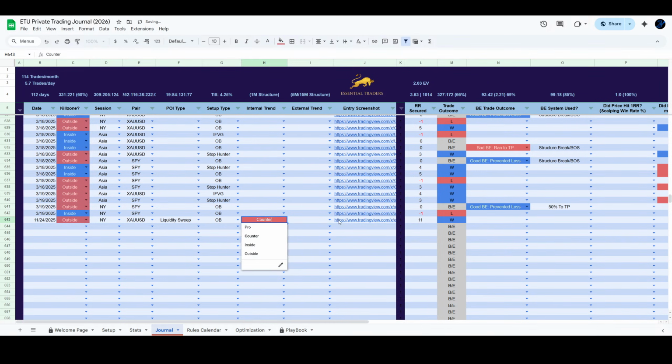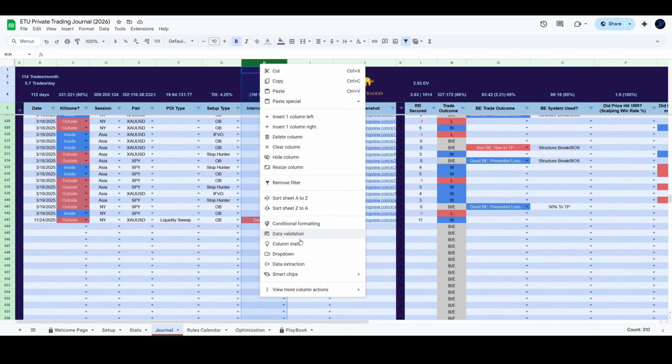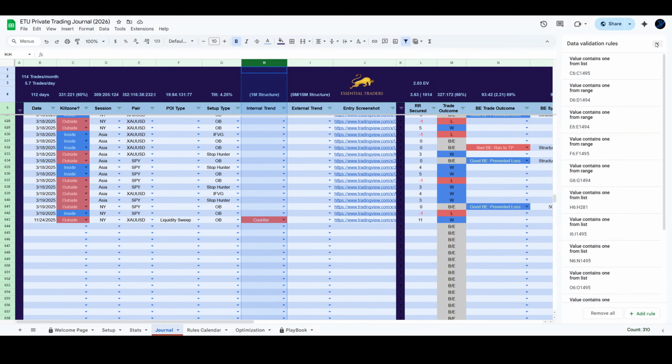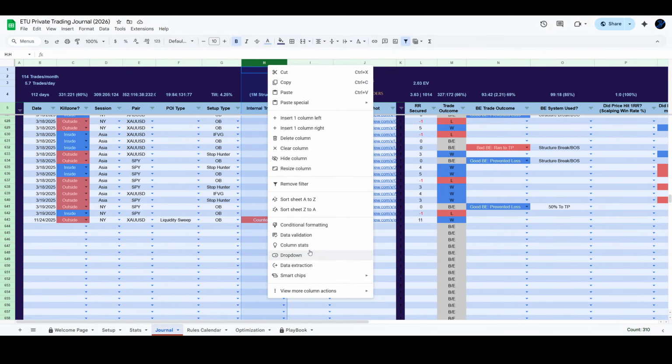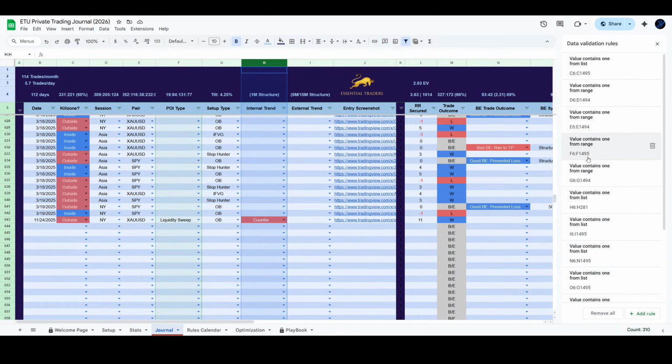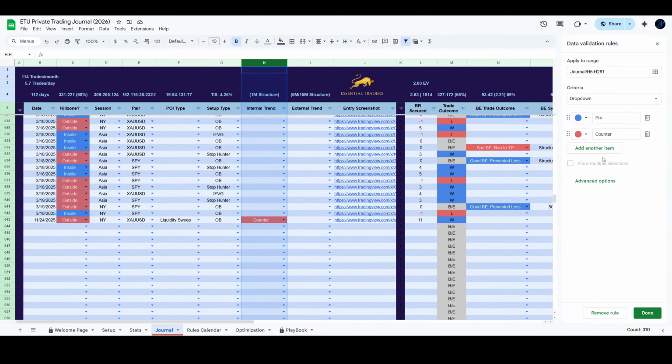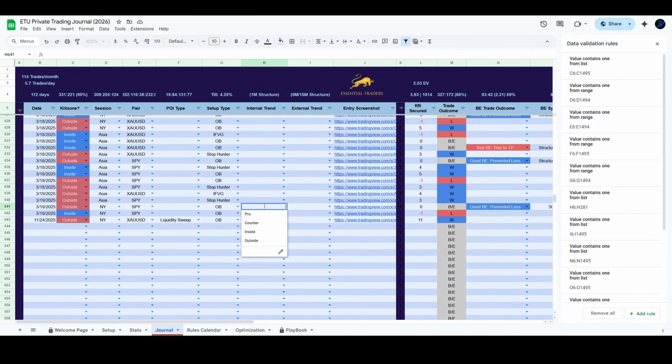I have to fix this formula here. It's saying inside here as well. Give me a second. While I still remember, let me fix this. It should be just pro and counter. That's weird. Not sure why it says inside here. Funky. It's not a big deal.